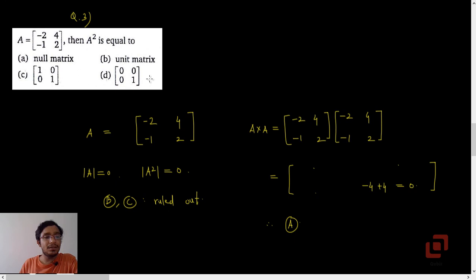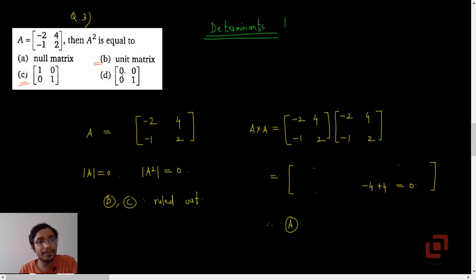Now question 3 is actually based on determinants. Matrix A is given as minus 2 4 minus 1 2. Then A squared is equal to: option A, null matrix; option B, unit matrix; option C, identity matrix; and option D is 0 0 1 1. Now, B and C are the same, so definitely B and C are not right.